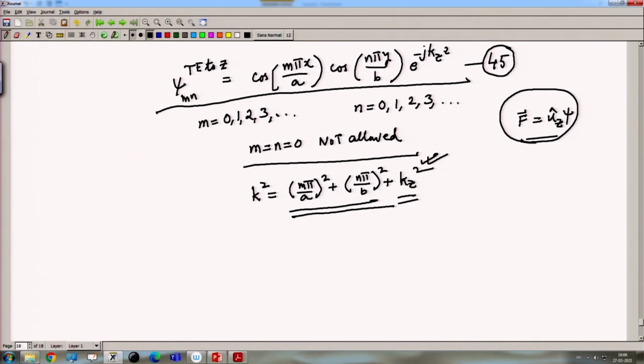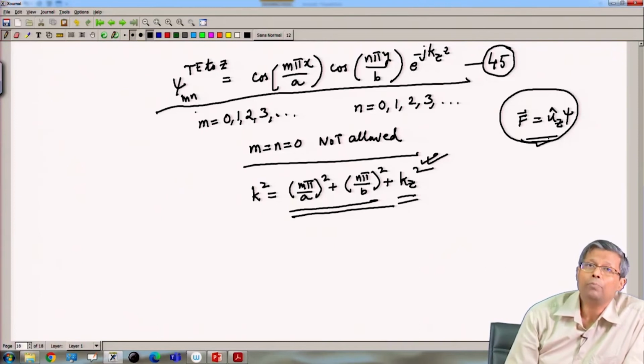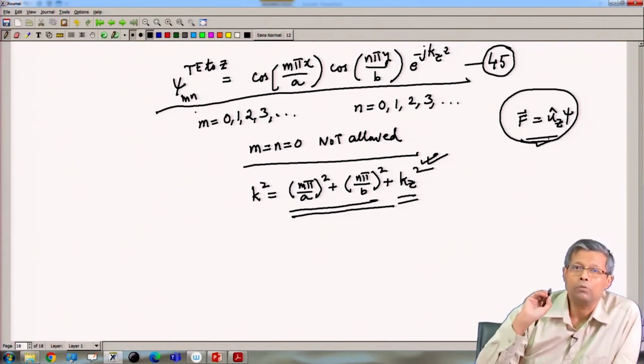So, substituting this psi function into the electric and magnetic fields corresponding to f equal to u z psi, we obtain the electric and magnetic fields in the waveguide for the TE to z mode.